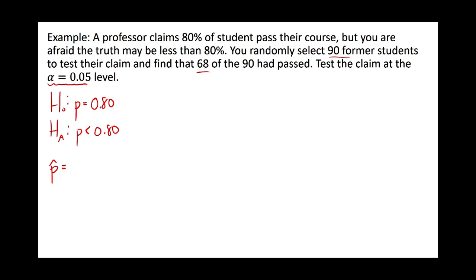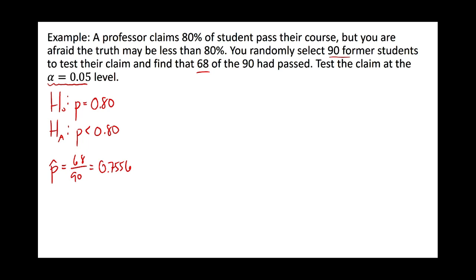So in our example, first off, we need to calculate the sample proportion that we obtain. So what is the sample proportion from this study? Yeah, it'll be whatever 68 out of 90 is. And so what does that come out to be? 0.756.